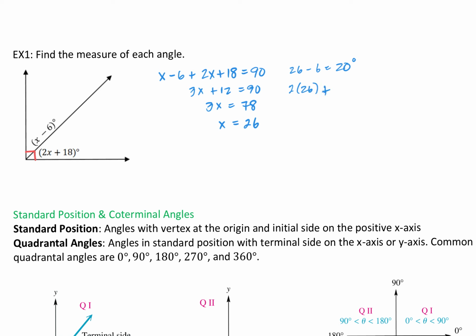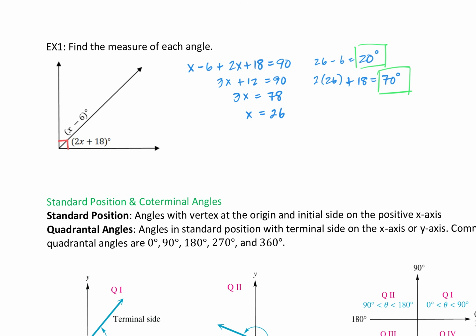I just want to double check my math. 52 plus 18 would give me the 70 degrees. These are the measurements of the two angles. Notice that if you were to look at the picture, you would think 45, 45. So don't go by the picture. That's just a generic set of complementary angles. Go by the algebra. So the upper one would be our 20-degree angle, and the lower one would be a 70-degree angle.